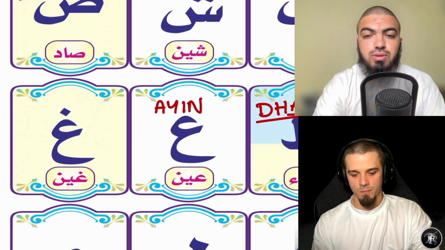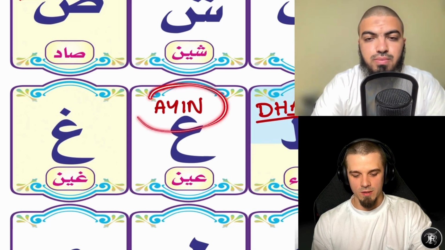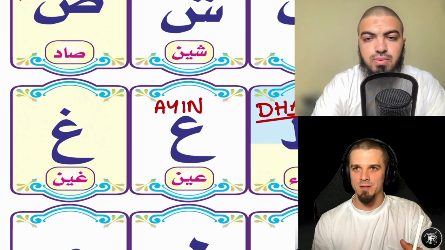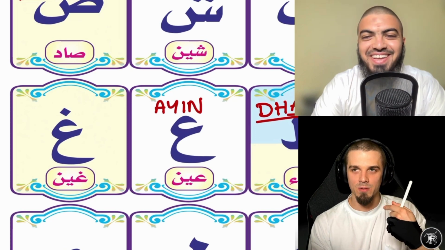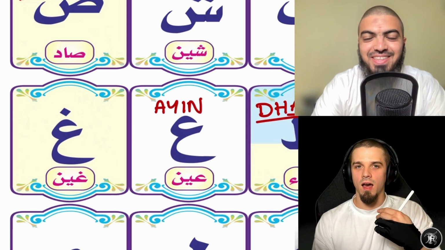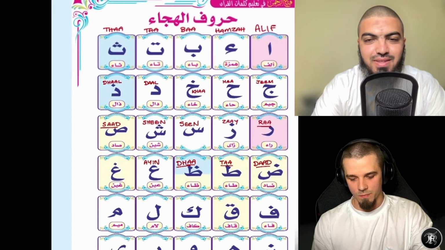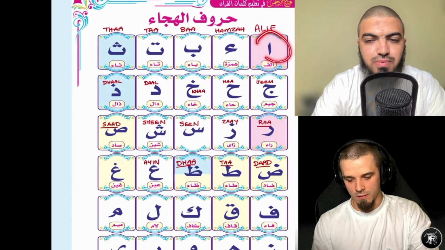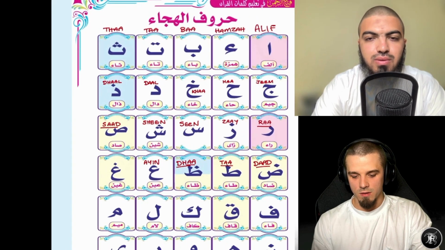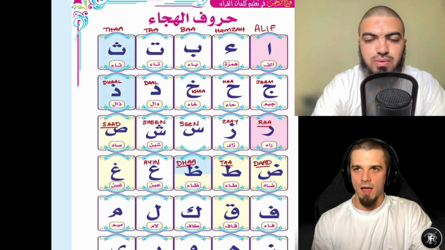Comes from the throat. Okay, so it's kind of like when you're sick and the doctor tells you that he wants to look down your throat, and you would say kind of like this. Yes, so there's a difference between this letter and I would say the alif or the hamza sound. So the hamza will make an a, and the ain will sound like ah.